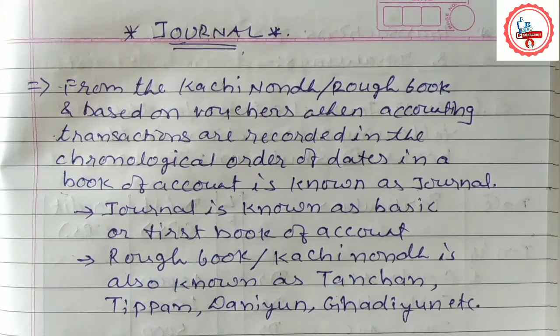To record such transactions in the books of account based on the rules of debit and credit, the first book of accounts is called the journal.